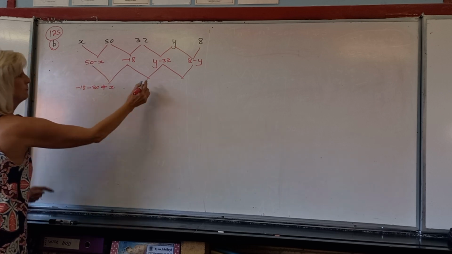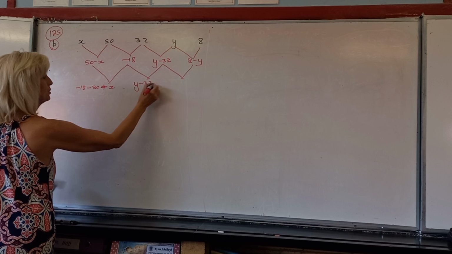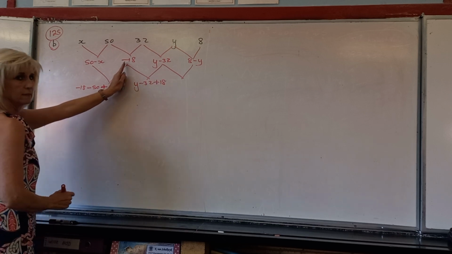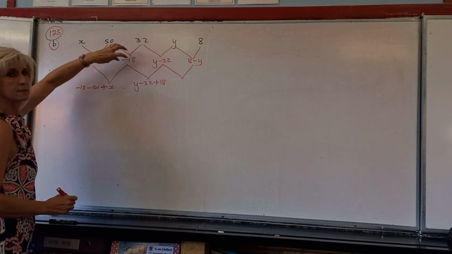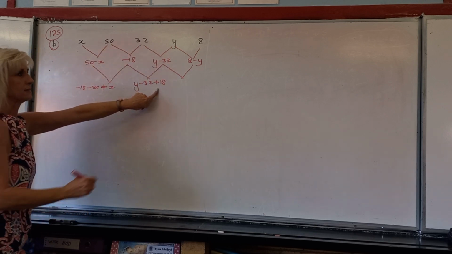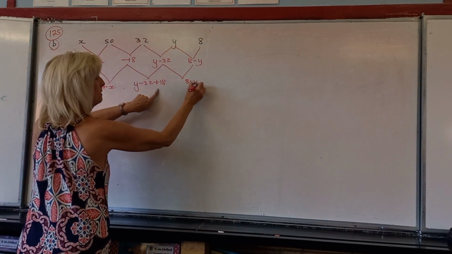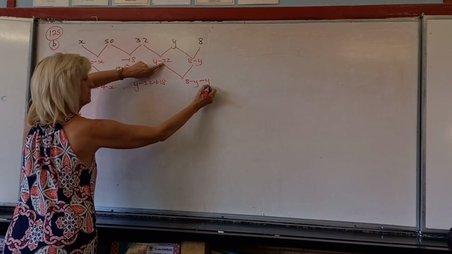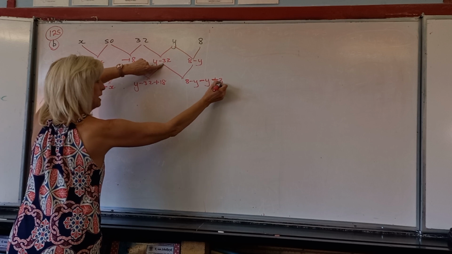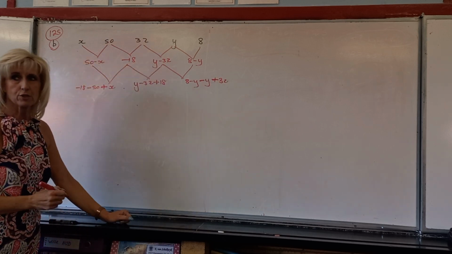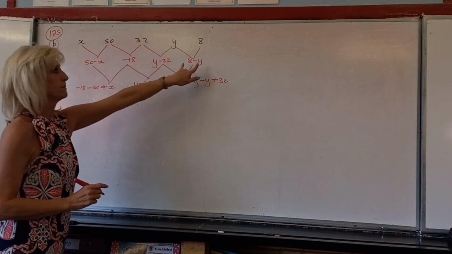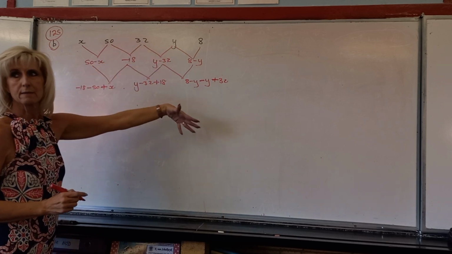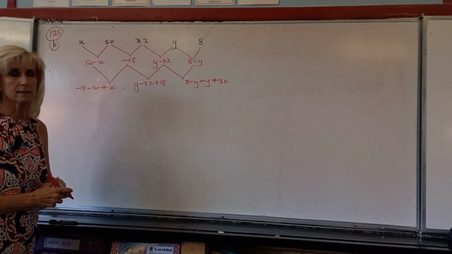For this one it will be y minus 32 plus 18, right? Because minus minus becomes a plus. So here again, 8 minus y, subtracting makes it minus and plus. Are you following, guys? Not just writing. 8 minus y minus the whole thing becomes a minus and a plus, because minus does have that effect on other signs.